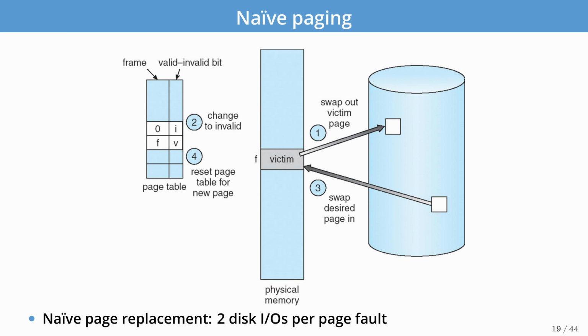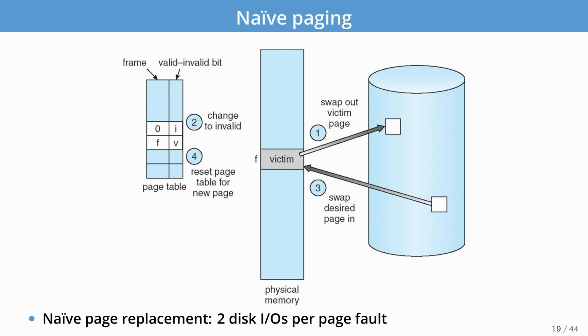Here, we've taken a page fault and we need to fault in a page. But if we're under memory pressure and all the pages are currently in use, what are we going to have to do? Well, we'll have to find a victim page using our page replacement policy, swap it out to disk to make room for the page that we want to swap in. And we'll have to wait for that swap out to complete before swapping in the subsequent page.